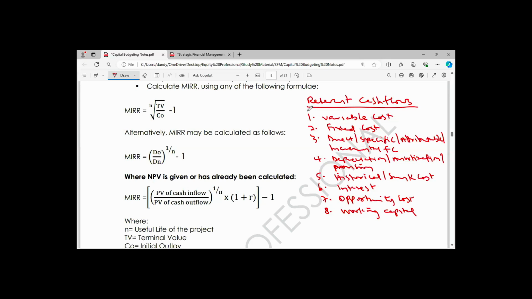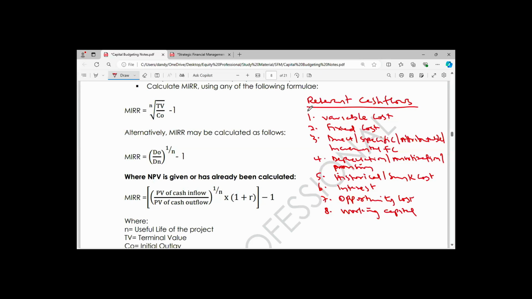You have to account for it. It should be part of the cost of the project. Then number 2, fixed costs. Fixed costs are costs that have no sympathy for activity level, meaning that irrespective of the activity level, the fixed cost will not change. Provided the fixed cost will not change, fixed cost is irrelevant and should be ignored when you see it in a question.